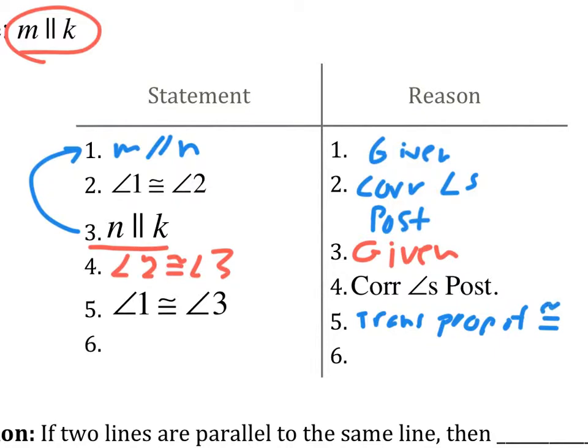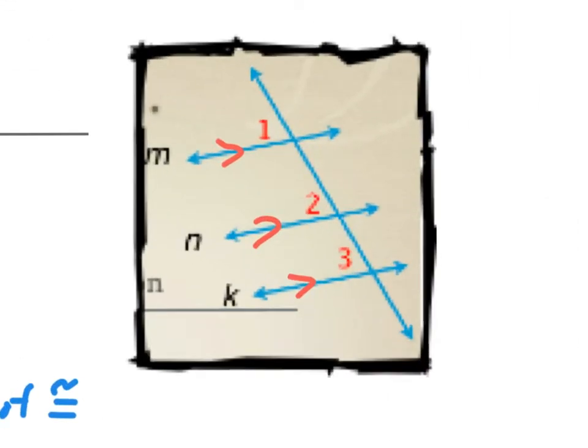And now, if I look at my diagram at 1 and 3, notice that angle 3 is here, angle 1 is here, and effectively I'm just ignoring this. So now I have two lines cut by a transversal such that corresponding angles are congruent.